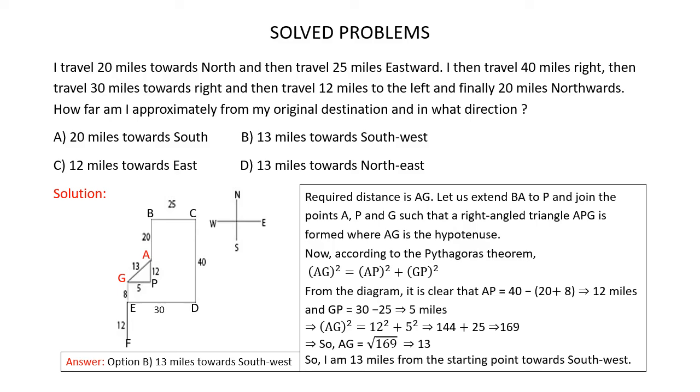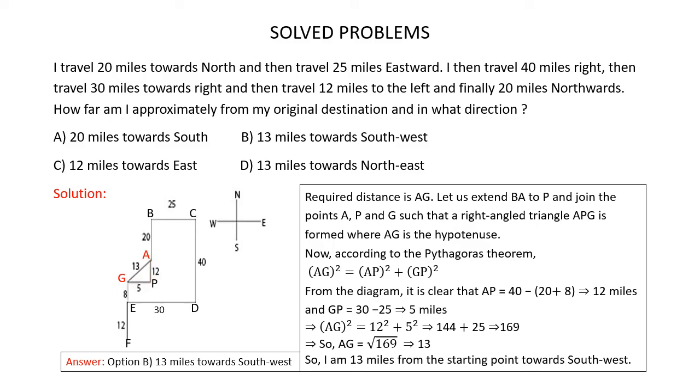For this, first let's extend the line BA till point P and then join points A, P and G such that a right angle triangle APG is formed, where AG is the hypotenuse.